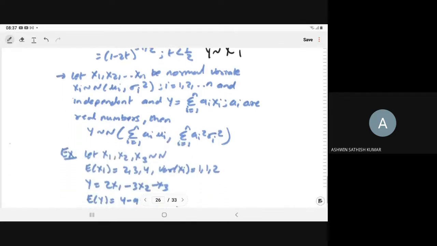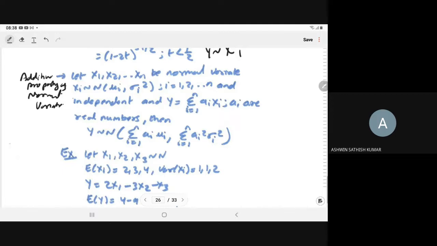Now, additive property of the normal distribution or normal variate.